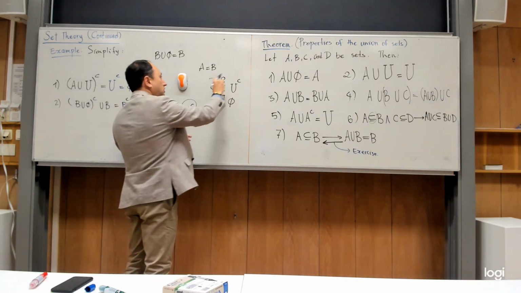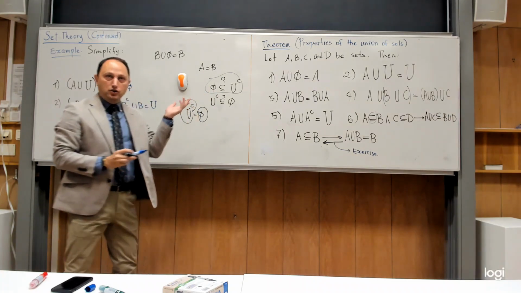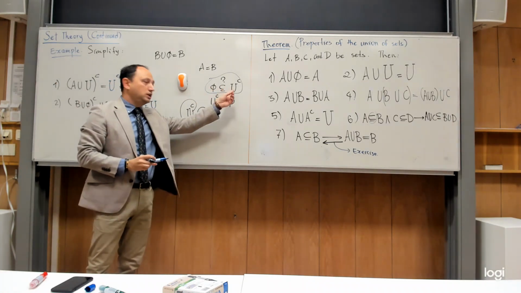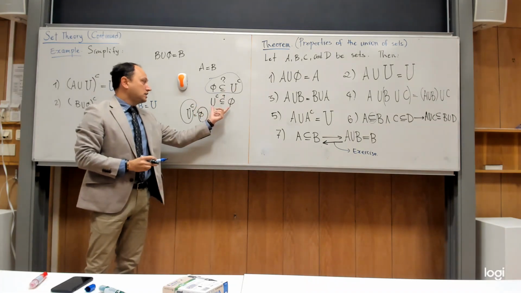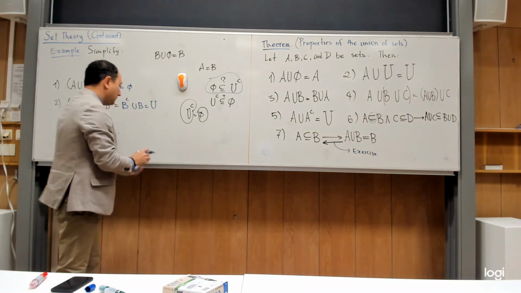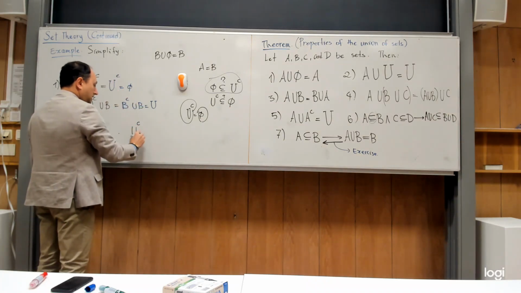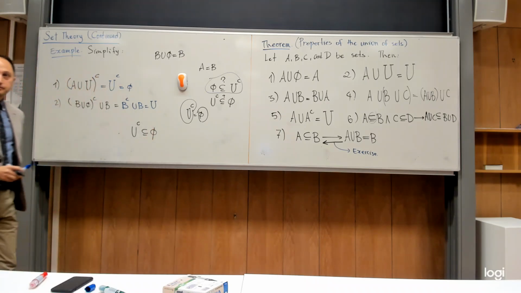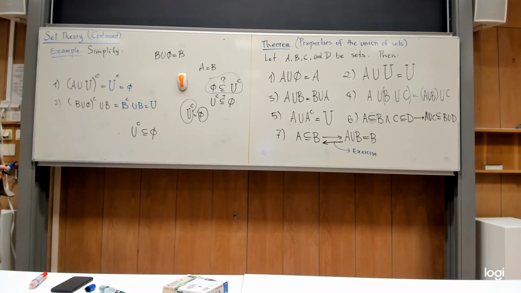But here I do not need to convince you of both, because we have already talked about this: the empty set is a subset of every set, including this one you see here. So what I need to convince you of is just this one, that this is a subset of the empty set. What can I do?